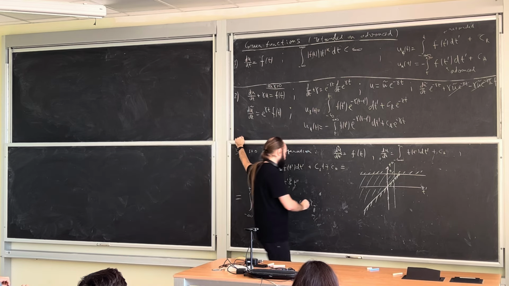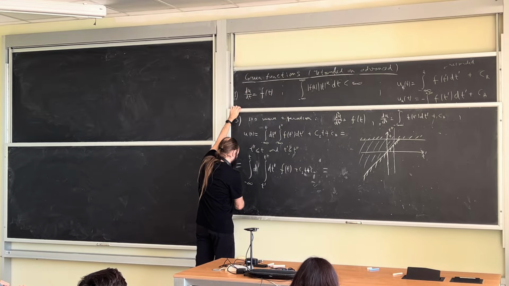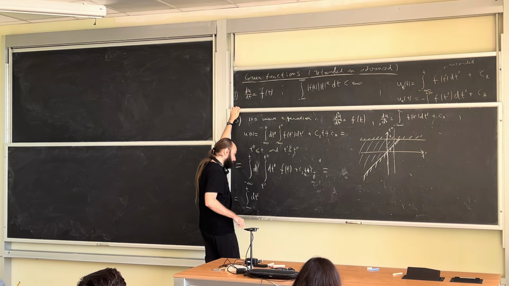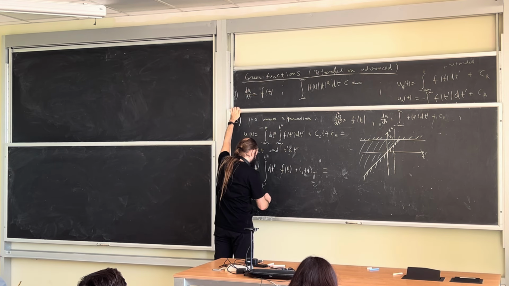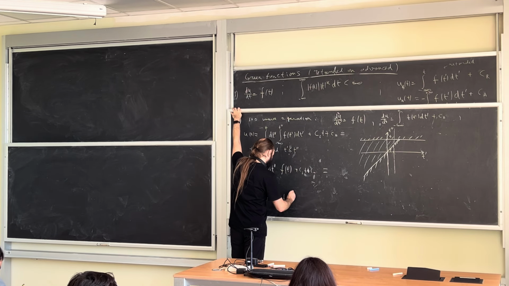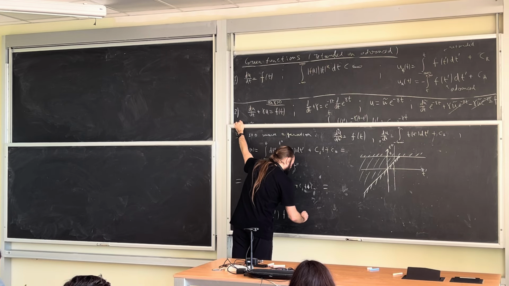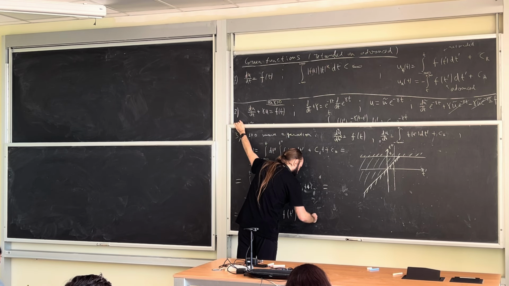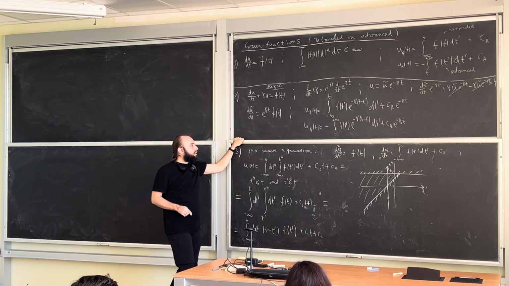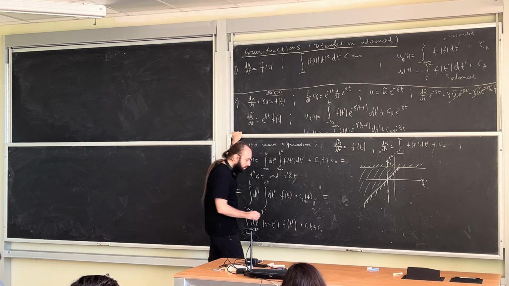Yes, so it becomes the integral from minus infinity to t dt prime of t minus t prime times f of t prime, plus c1 t plus c0.